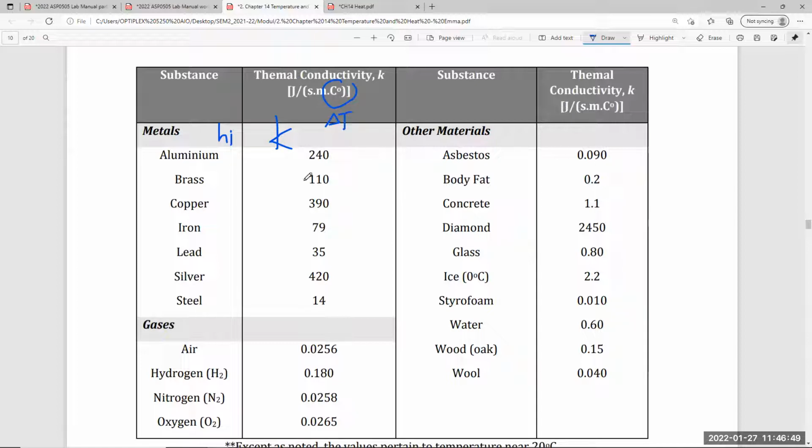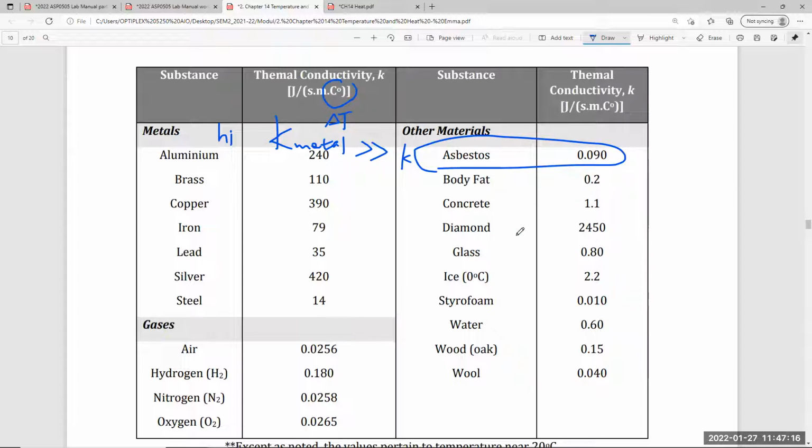If you compare metal with non-metal, such as asbestos on the right here, asbestos is an insulator. The K for metal is much larger than for asbestos.